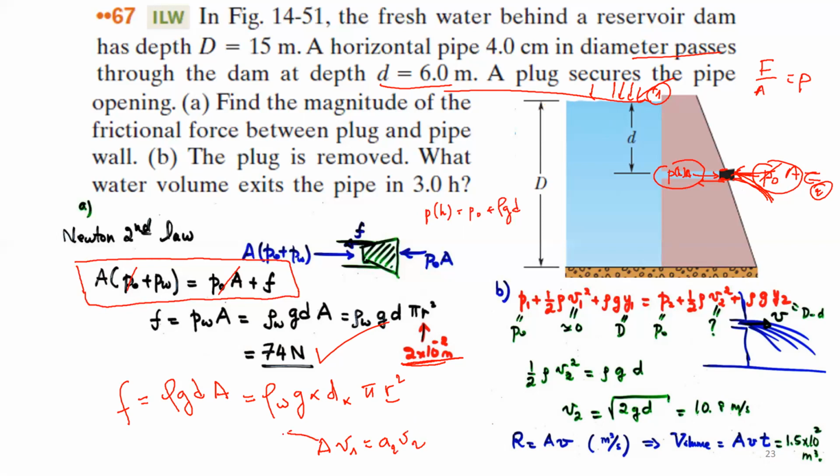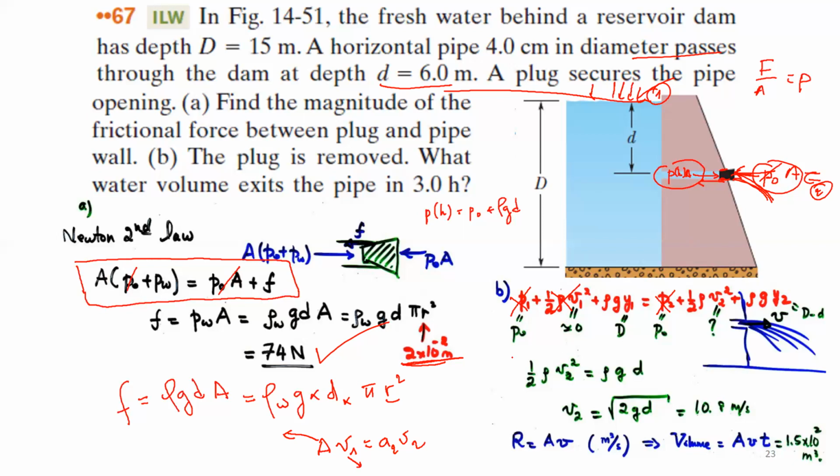Since this is almost infinite, of course, V1 is almost 0. P1 will be atmospheric pressure because it's in contact with the air, P2 will be atmospheric pressure as well, so they will cancel each other.